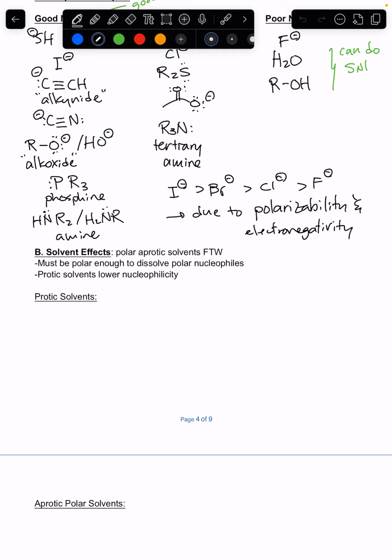So, to explain what an aprotic solvent is, we should probably first explain what a protic solvent is. That means you have a hydrogen on a heteroatom. Often examples are like water is a good example of a protic solvent because you have hydrogen on oxygen, right?